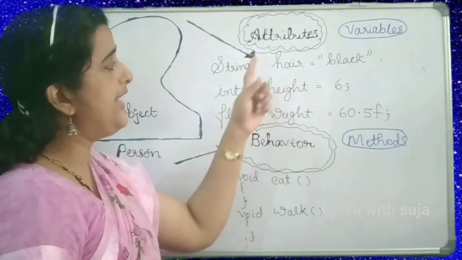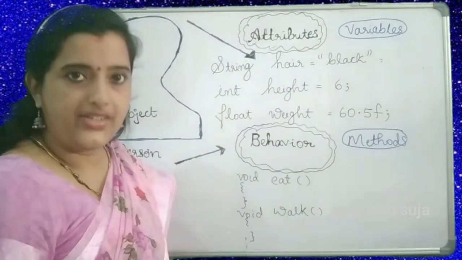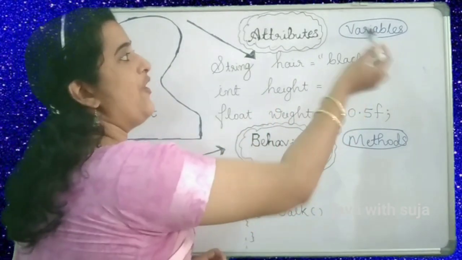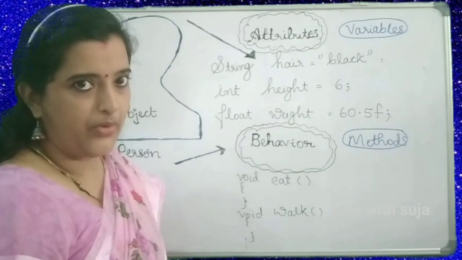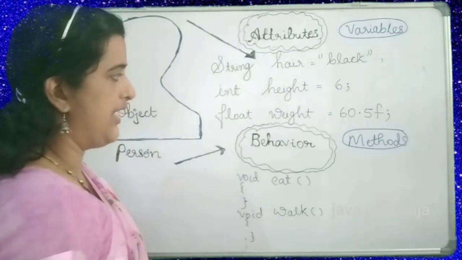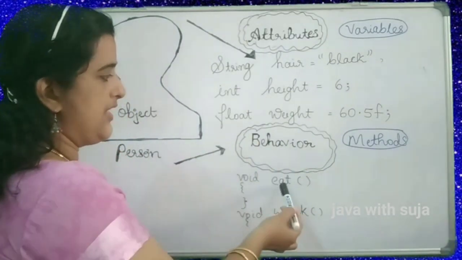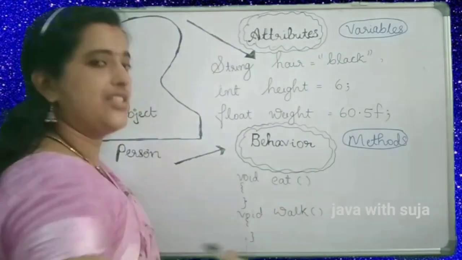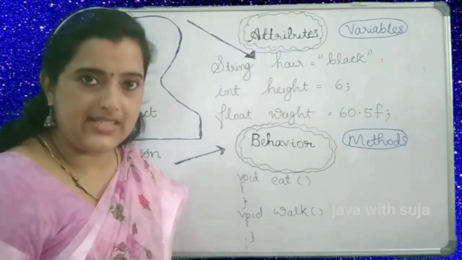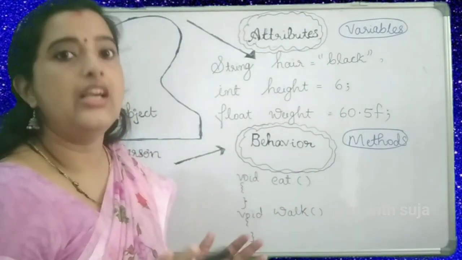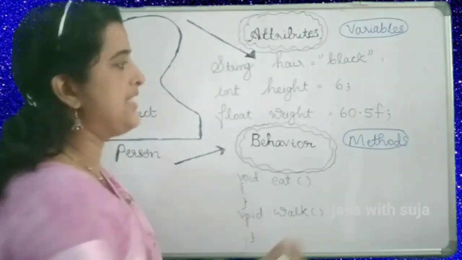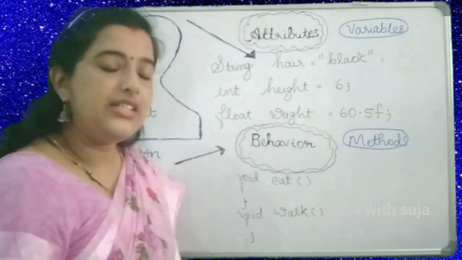So these three characteristics or attributes I have given as variables in a Java program, whereas the behavior of the person, that a person can eat, walk, and sleep, all these behaviors we have implemented as methods in a Java program.